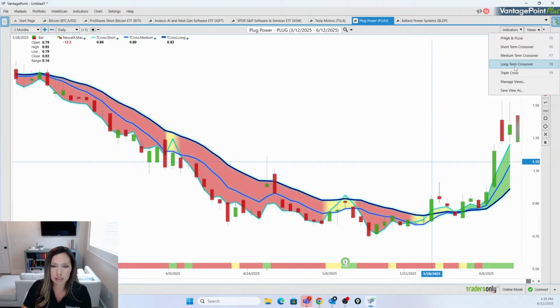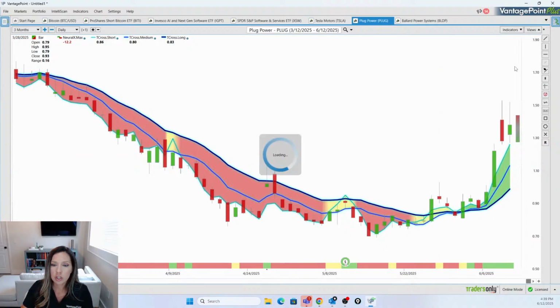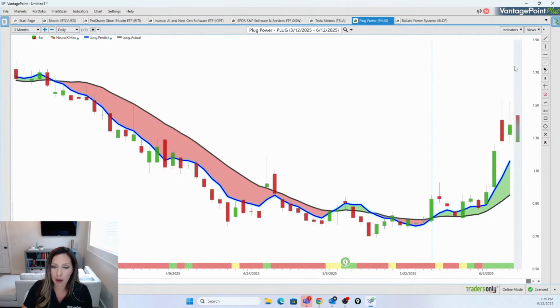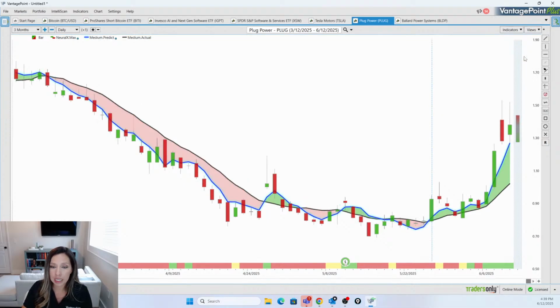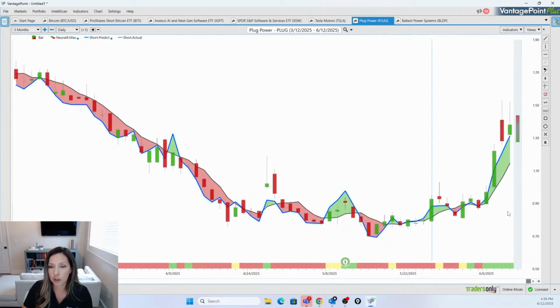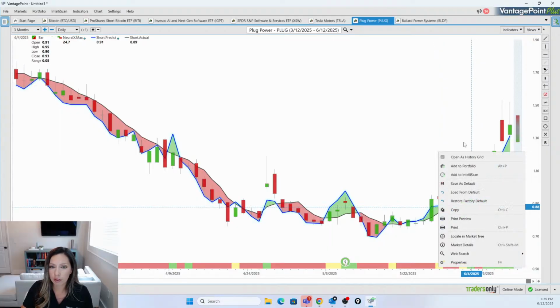So here is our triple cross view, the most conservative. Switching over to that 3-day outlook, again, we can see that bullish trend expectation, walking over to our medium term trend expectation, and then over to that shorter term move. And we can see where we get our crossover here confirmed with our neural index.